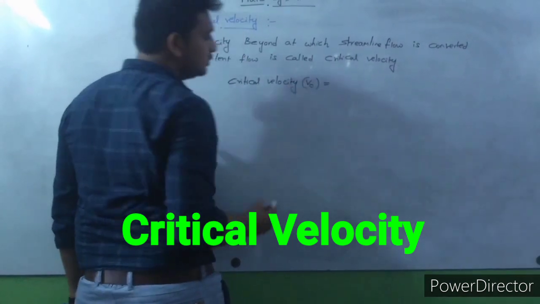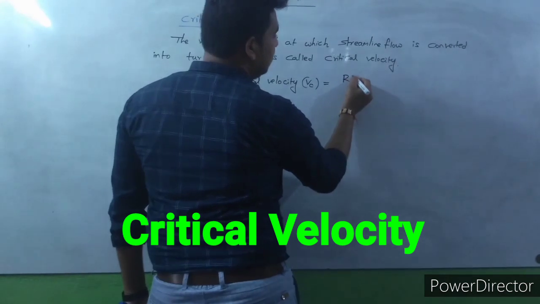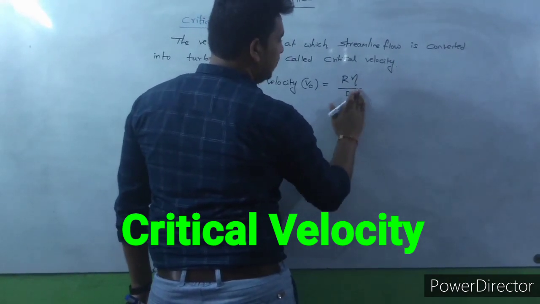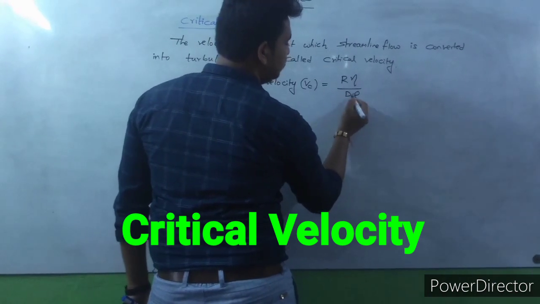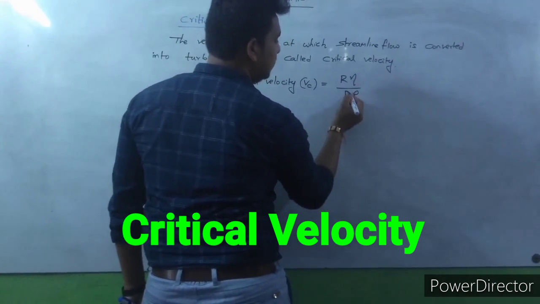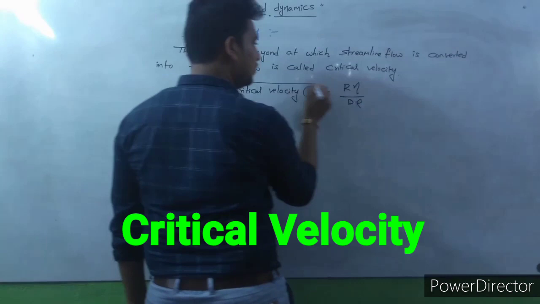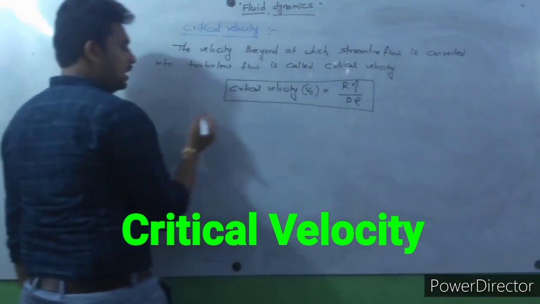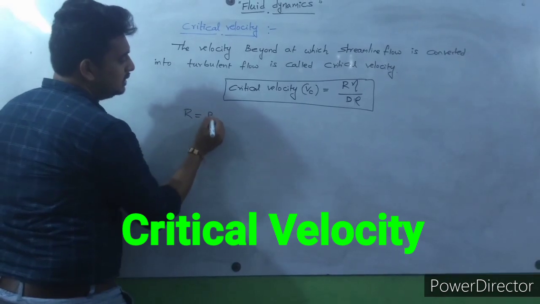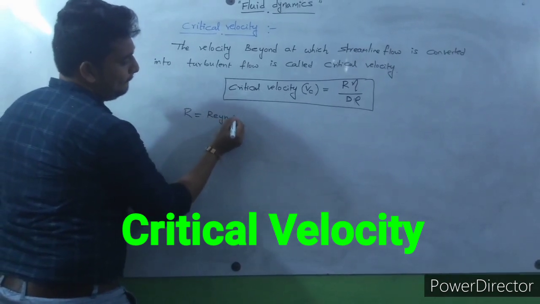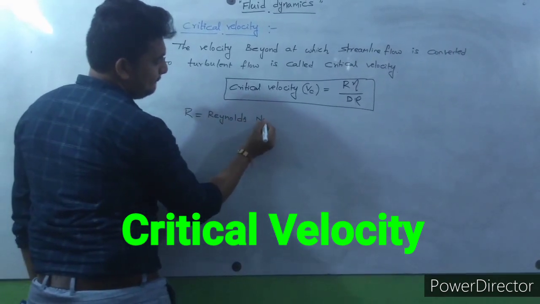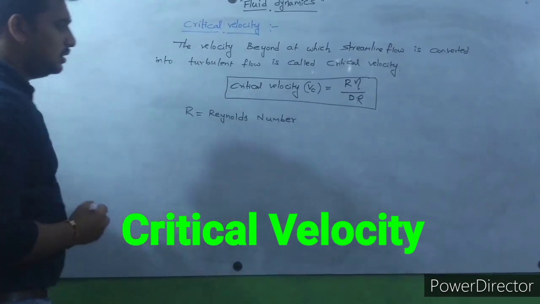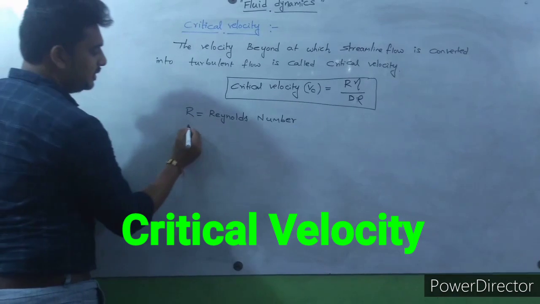Vc is equal to R eta by D rho. Here R means Reynolds number. What is the definition of Reynolds number?